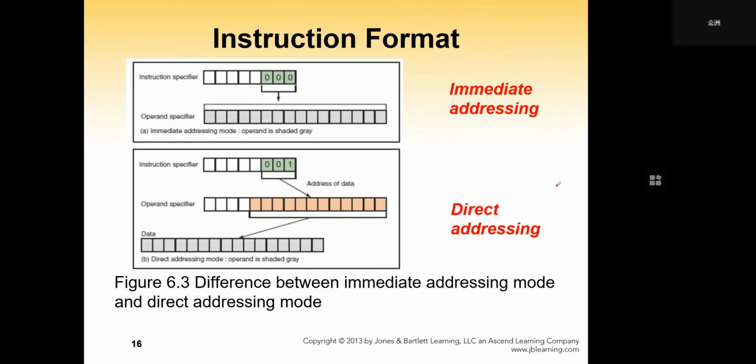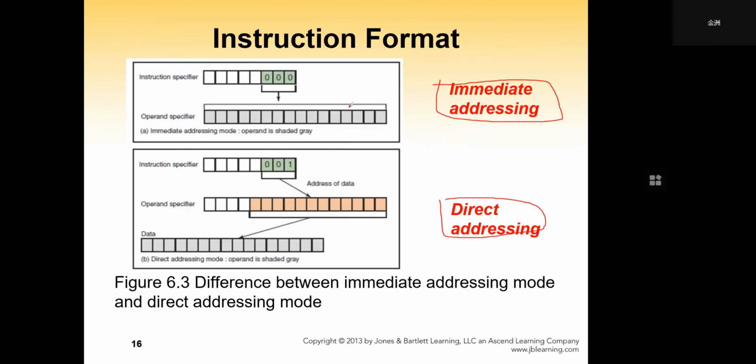Here we introduce two kinds of addressing mode for these 3 bits. First, the immediate addressing mode, and second, the direct addressing mode. You can see from this figure, we use 000 as the immediate addressing mode, and 001 to indicate the direct addressing mode.